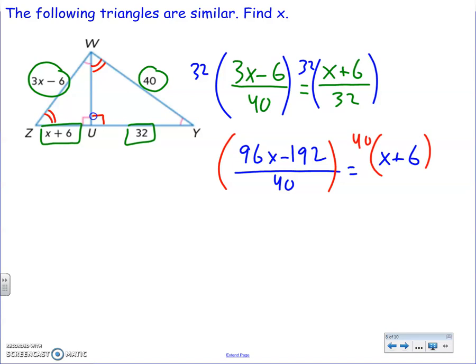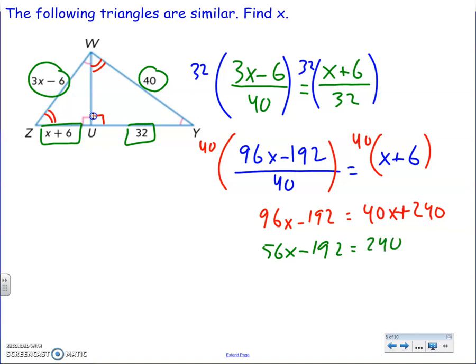Times 40, times 40. 96x minus 192 equals 40x plus 240. We're going to solve for x. Move x to one side. I'm going to subtract 40x. That makes this 56x. Add 192.